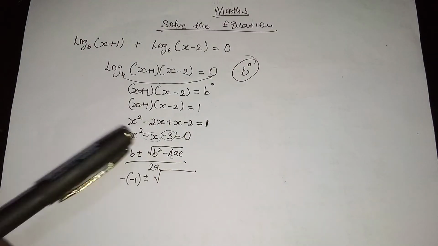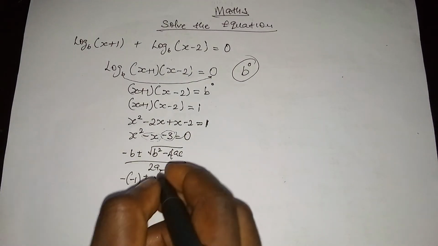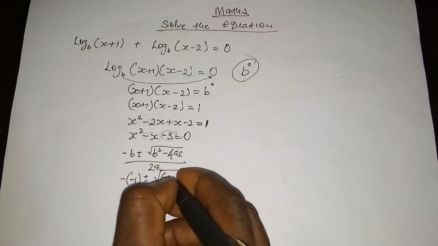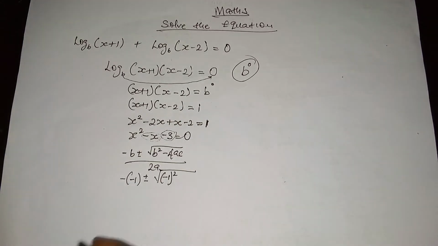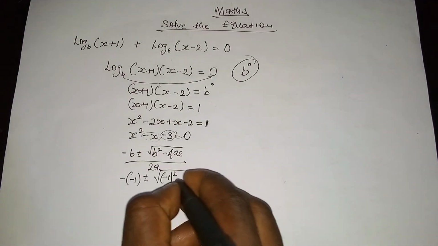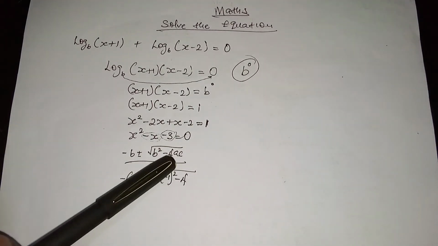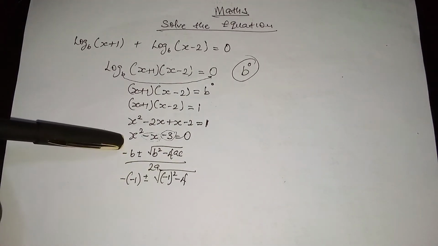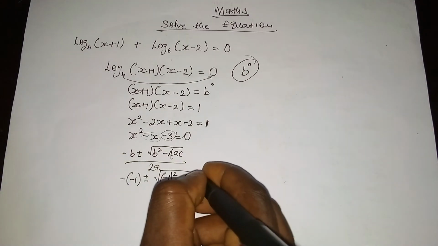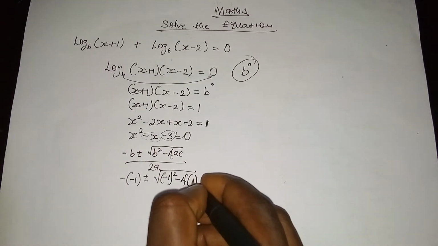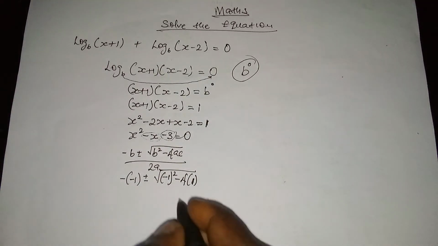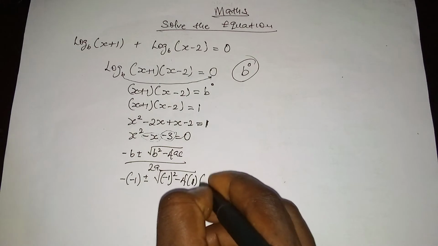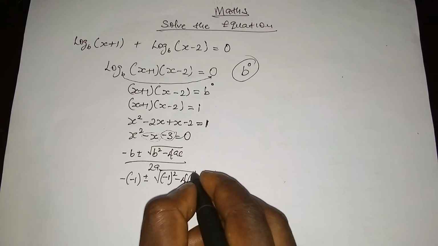I have b, which is negative 1 squared, and I have minus 4, and remember my a is having a coefficient of 1, so I'm multiplying by 1, right? And my c is negative 3, and I multiply by negative 3.